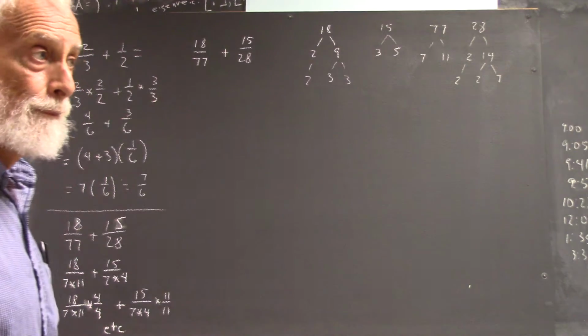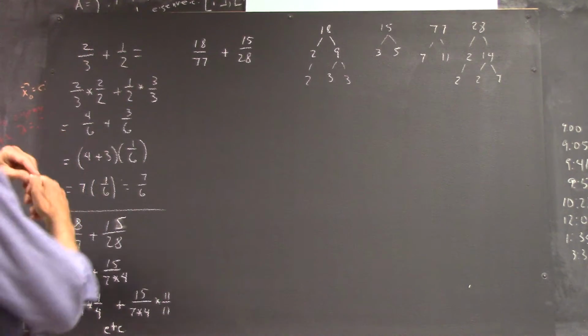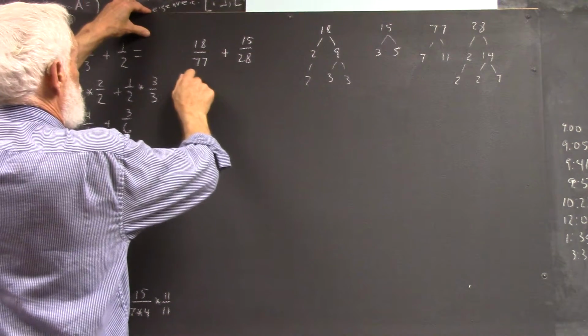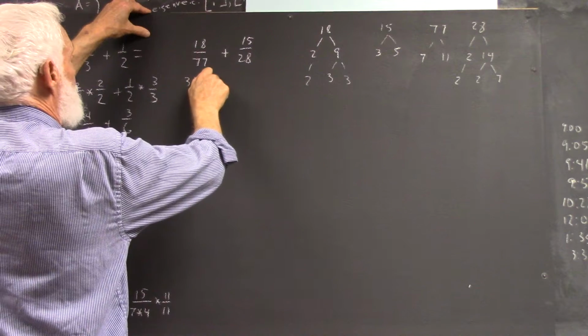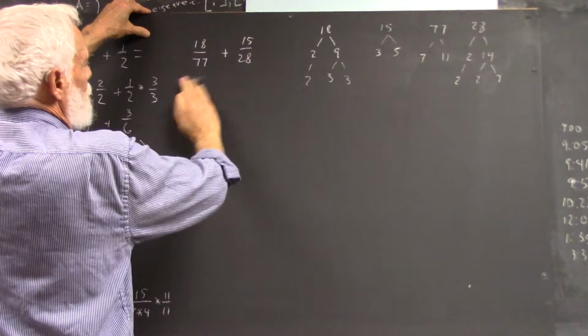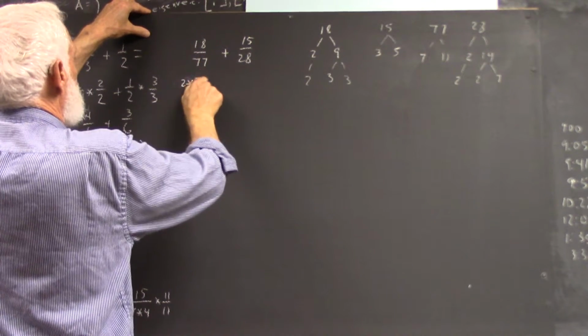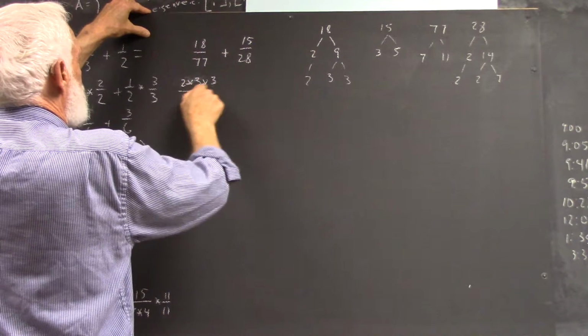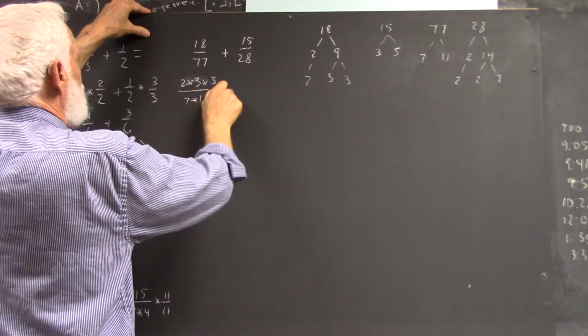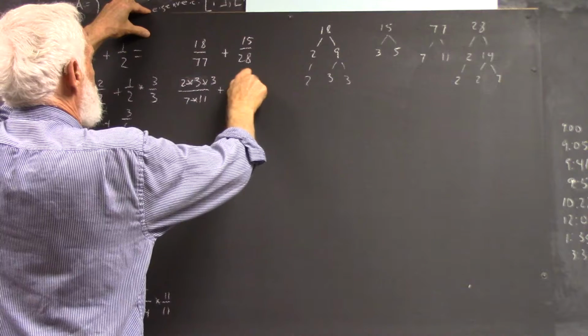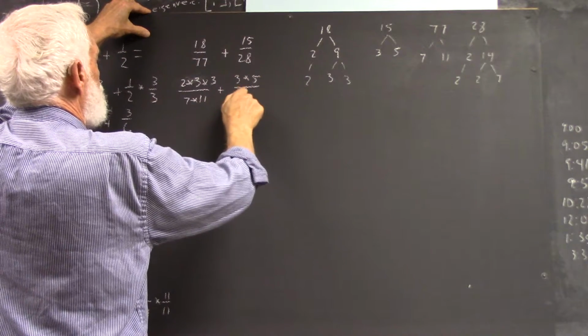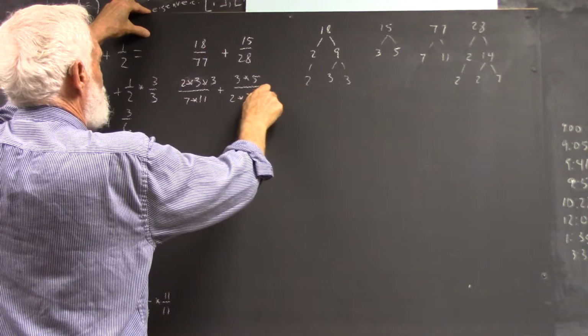Okay? So now we're going to rewrite everything. We're going to write this as 2 times 3 times 3 over 7 times 11 plus 3 times 5 over 2 times 2 times 7.